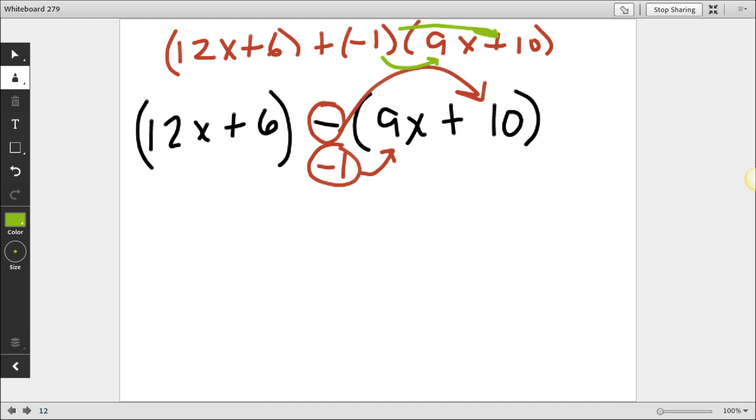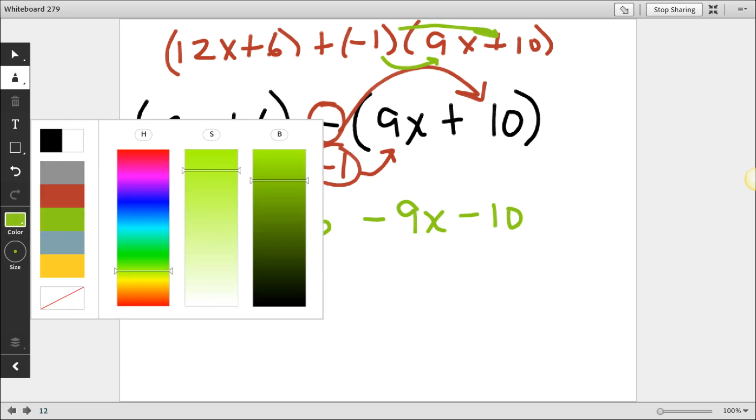I'm going to multiply each term in the second parenthesis by negative 1. That's going to give me negative 9x minus 10. The first term will not change, so 12x plus 6 will remain the same. And again, just like in the last one, I'm just combining like terms.